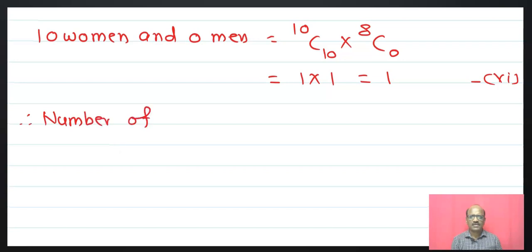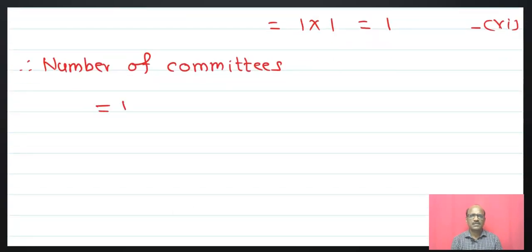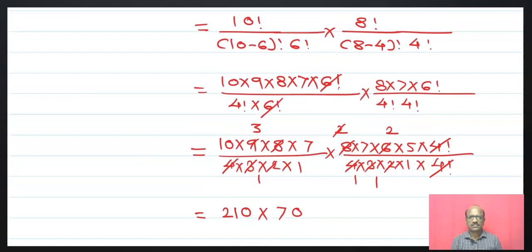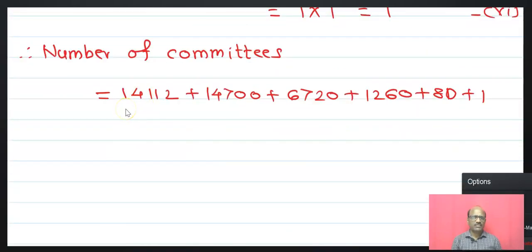Therefore, the number of committees is equal to, now if we add this, that is 14,112.